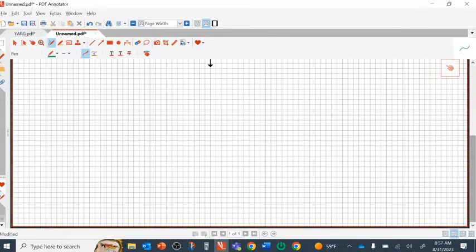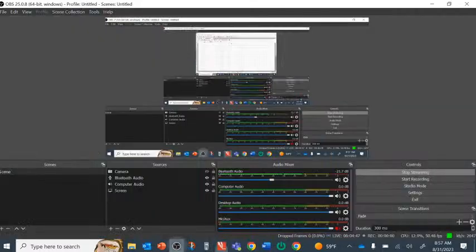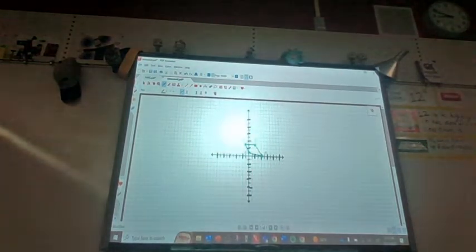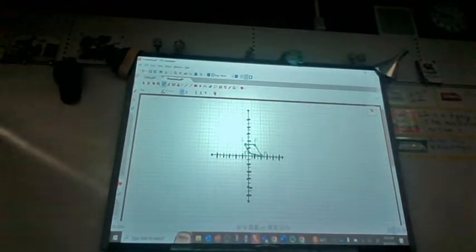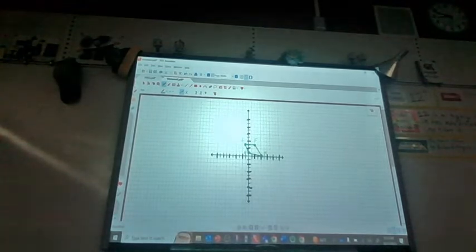Okay, here we go. If you want to use your parchment paper to do this, you super can.